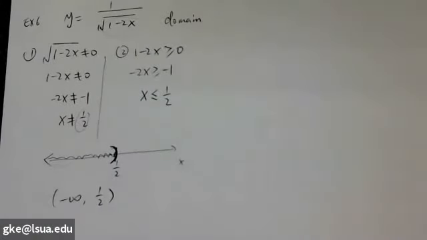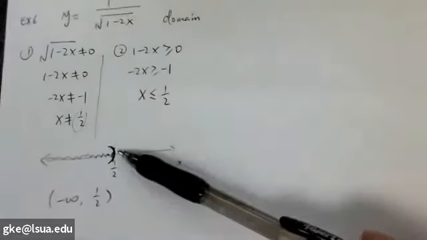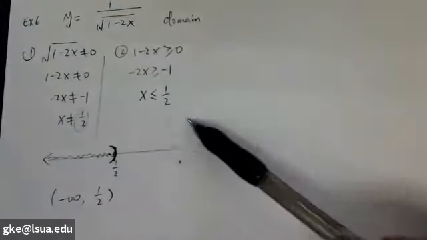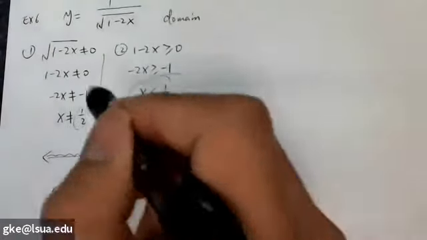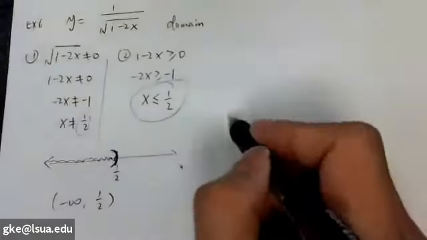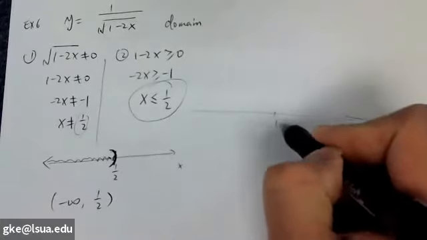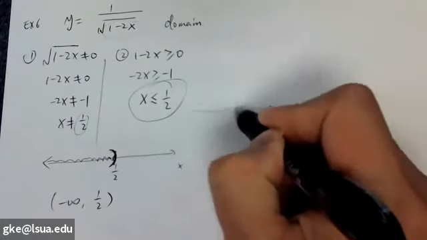Wait a minute. How do you know again that you use the parentheses instead of the bracket? I missed that point again. How do I put? Oh, you mean here, right? Yes. This one, you can draw the picture. 1/2 is included here, right?